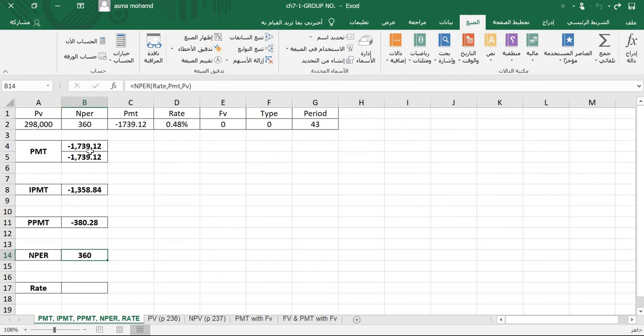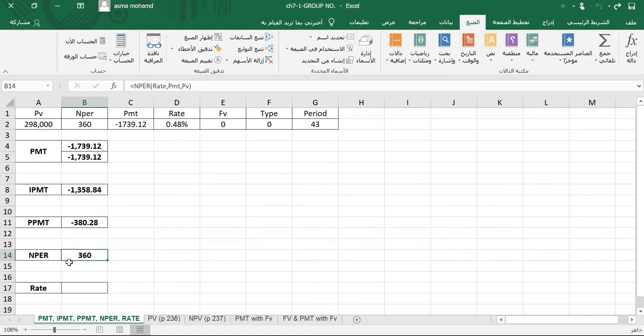Why? Because if they are both negative, it's impossible, and that will give us a crazy number for the number of periods, or a wrong number. So make sure that one of these is minus, because this is a positive outflow from this one.